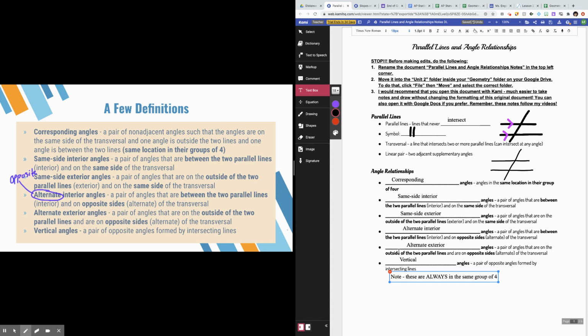All of these other five will be in different groups of four. Like you'll have one angle in one group of four and the other angle in the other group. So these have to be in different groups of four.